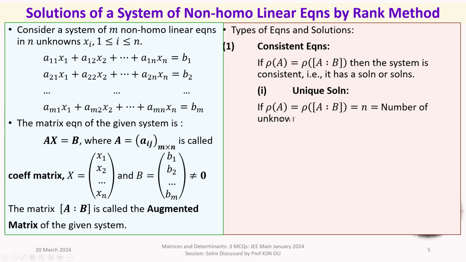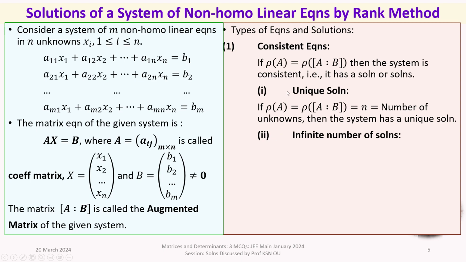If rank of the coefficient matrix is equal to rank of the augmented matrix is equal to n, the number of unknowns, then the system is consistent and has a unique solution.